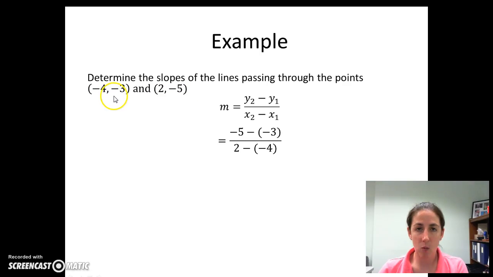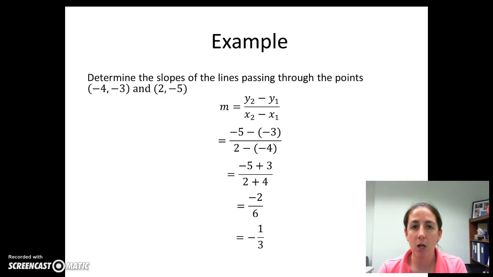So negative 5 take away negative 3 over 2 take away negative 4. Remember, subtracting a negative becomes addition. It's like adding a positive. And negative 5 plus 3 is negative 2. 2 plus 4 is 6. And always with fractions you reduce. That reduces to negative 1/3. Do not put your slope in terms of a decimal. Leave it in fraction form.